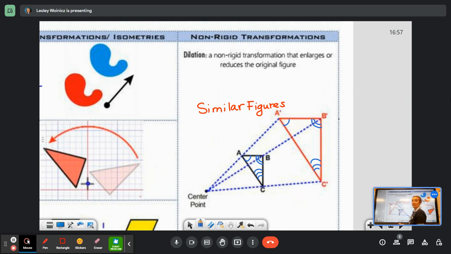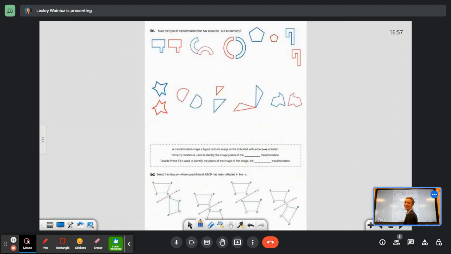But the side lengths changed. We will talk a lot about that in a future unit too. For now, we just know that a dilation is non-rigid and it's going to enlarge or reduce the original figure. You can think about pupils being dilated. They get bigger, but they're still round. You don't turn into an alien or a cat, but they get bigger or smaller.